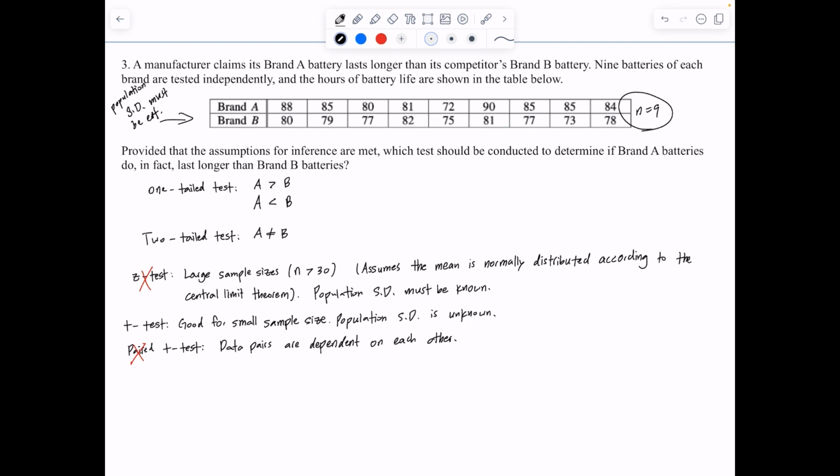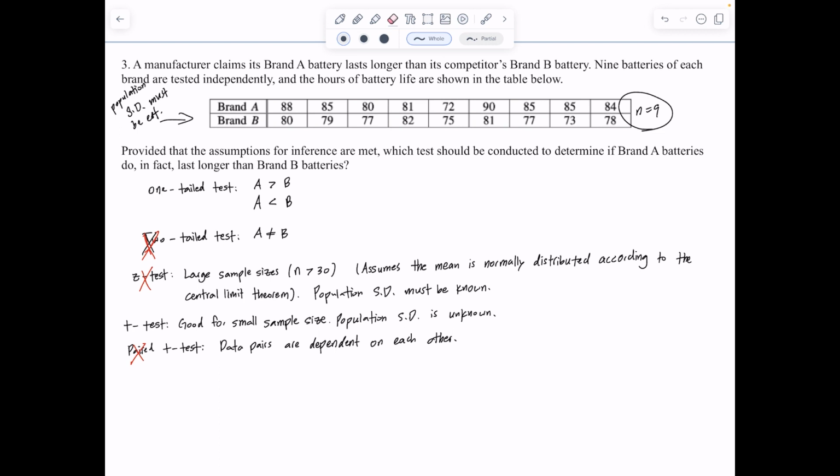And then we have, so the manufacturer claims that the brand A battery lasts longer than its competitor's brand B battery. And so it's not whether there is a difference, right? So it's not a two-tail test, it's a one-tail test, right?